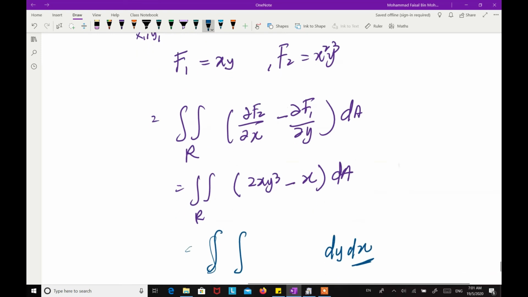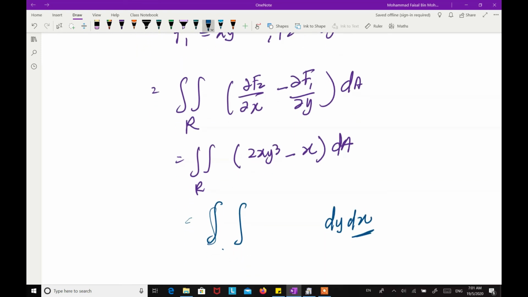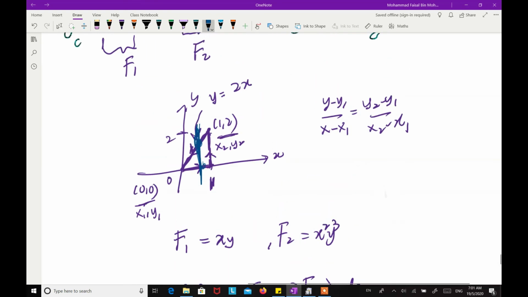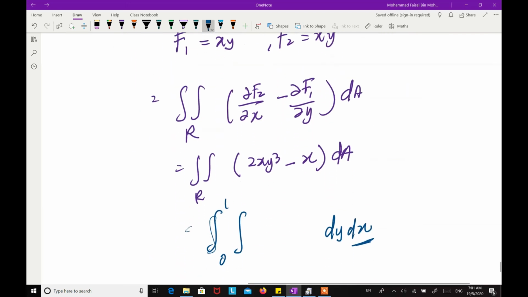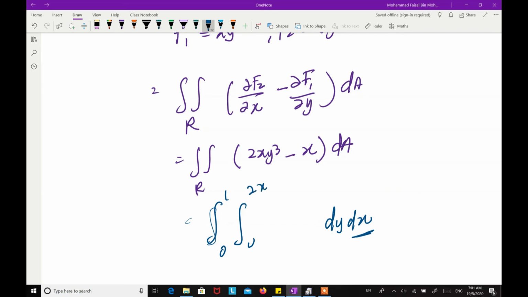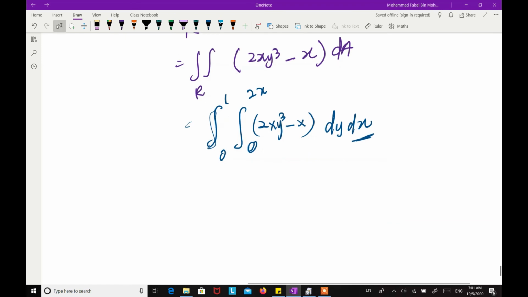So x is from 0 to 1. Your y must go from here to here: this part is y equals 0 and this part is y equals 2x. So y is from 0 to 2x, and your function is the same, 2x y cubed minus x. If you solve this, I leave it to you, you will get 2 over 3. So please check.